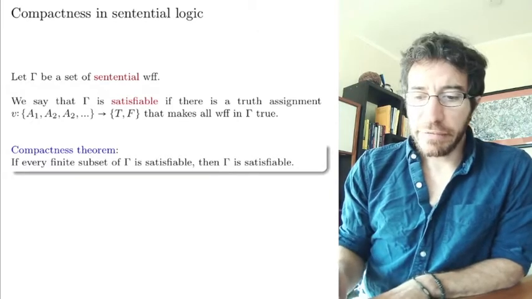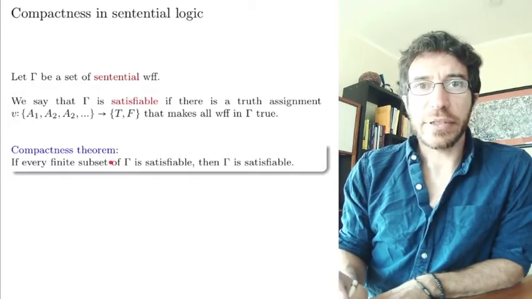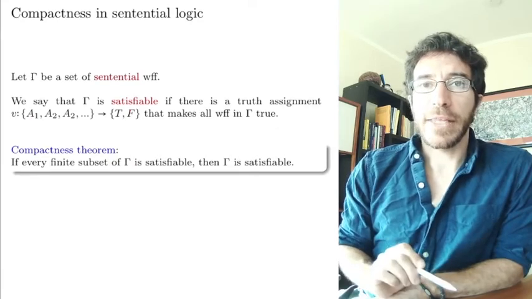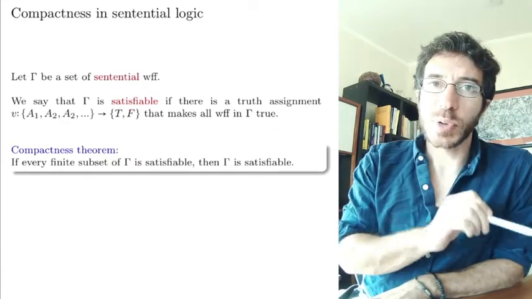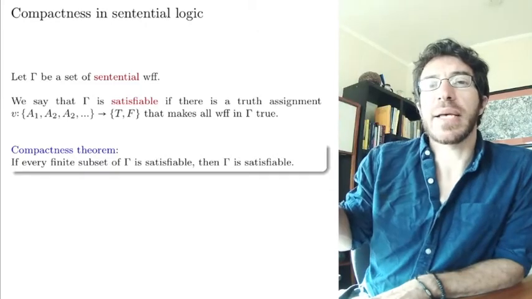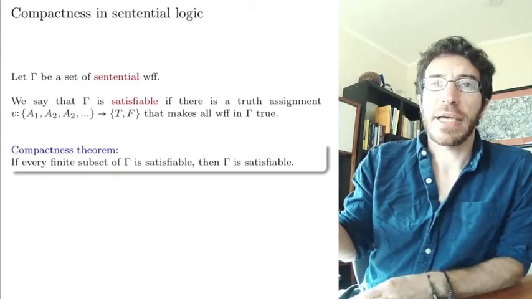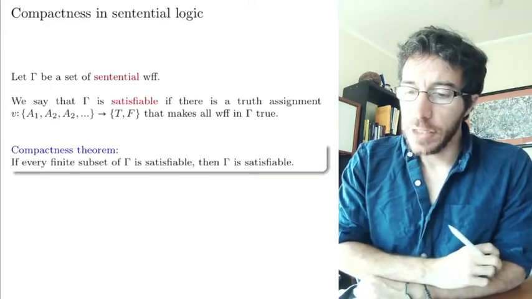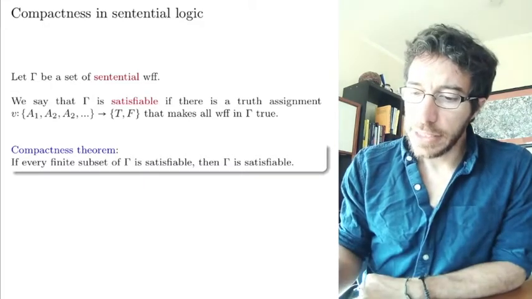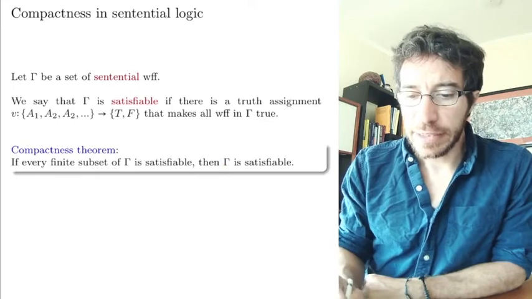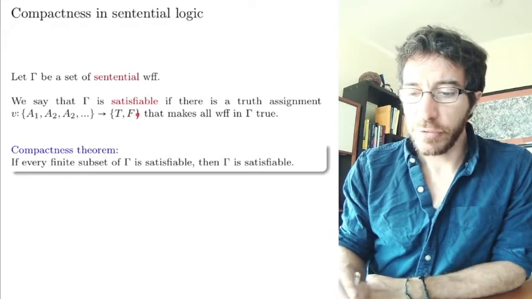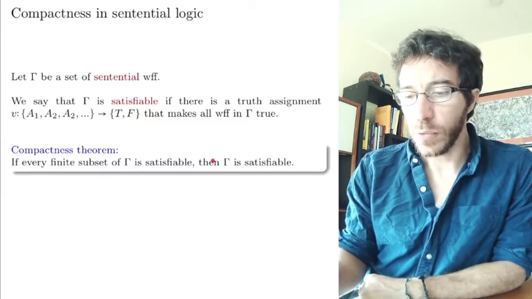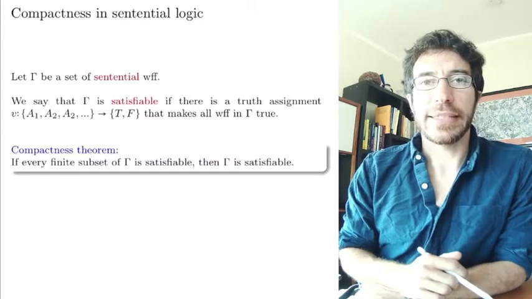Well, the fact that every finite subset is satisfiable means that for every finite subset you can find some truth assignment that makes those formulas true, but then maybe for some other finite subset you find some other truth assignment. It's not necessarily obvious that you can put together these truth assignments. So this is saying that if there is a truth assignment for every finite subset, then somehow there is one that works for all of them at the same time.